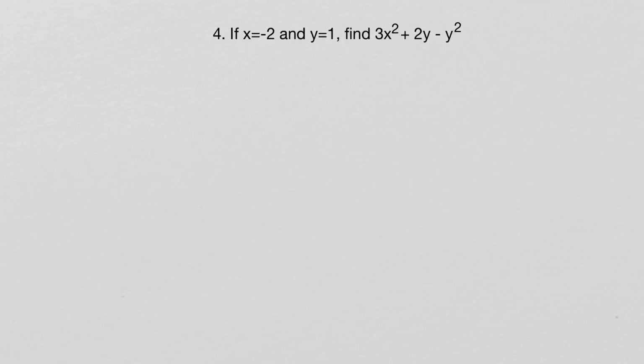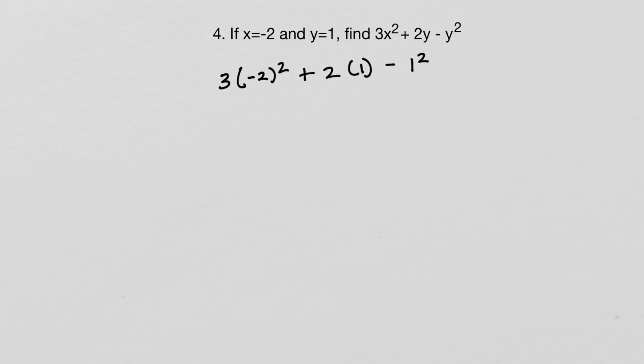The trick here is testing your ability to find the exponent of negative numbers correctly. So we have 3 times (-2) squared plus 2 times 1 minus 1 squared. I just replaced the x with -2 and the y with 1.